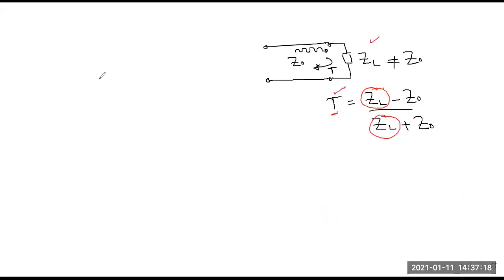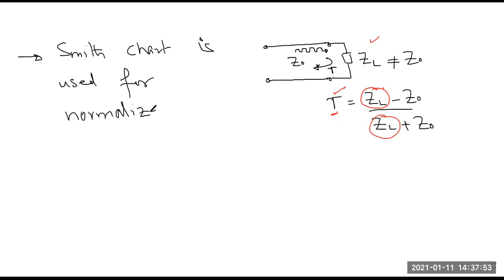So with that, I can make another important point about Smith chart, and that is Smith chart is used for normalized quantities.